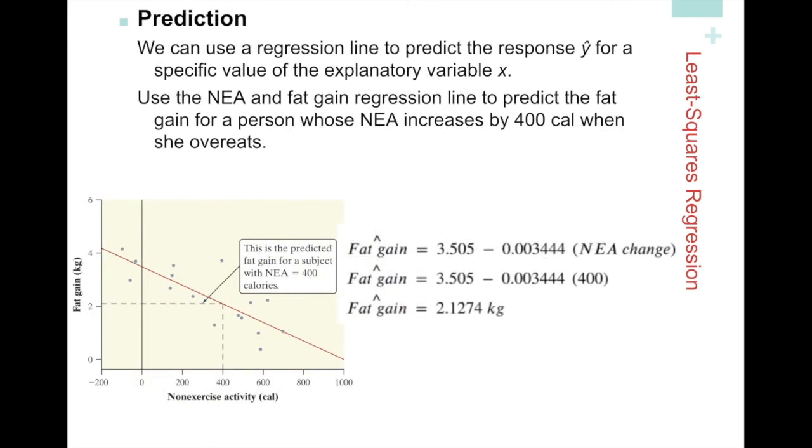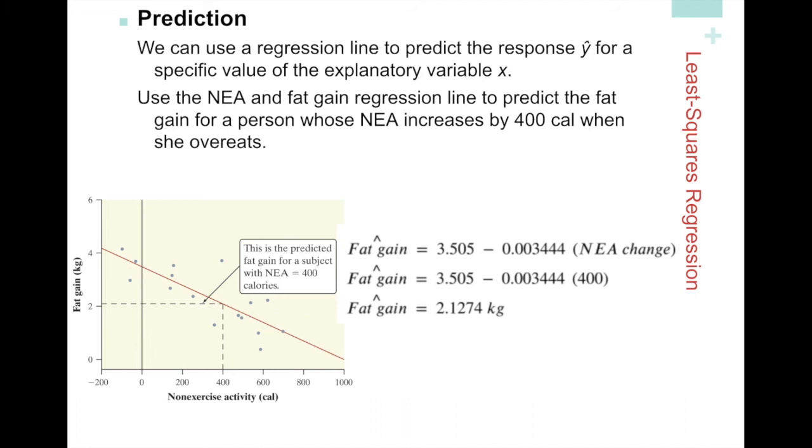Now, what is this LSRL good for? One of the things it's good for is prediction. According to our model, what does it predict about a healthy young adult who went through a study like this for 8 weeks, who increased their non-exercise activity by 400 calories?